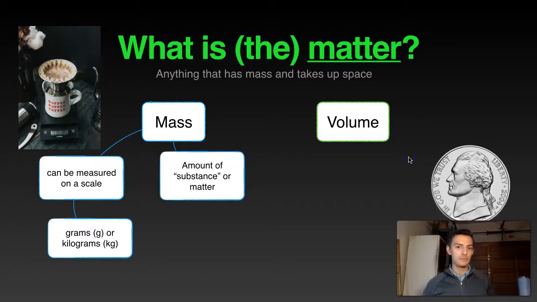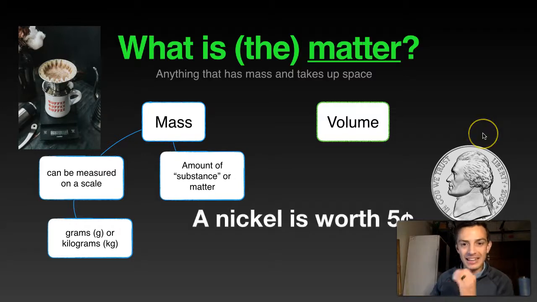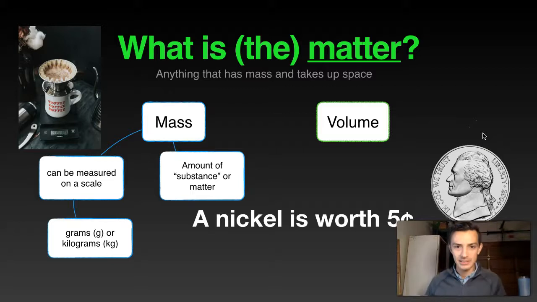So here's one little trick I'll give you. If you're trying to think of how much a gram weighs, go ahead and find a nickel. I'll give you some time. Okay. It's probably hard to find a nickel. There's even a coin shortage these days. So if you can find a nickel, I'd encourage you to have one by your desk, okay? A nickel is worth 5 cents. You probably knew that, but here's why I'm telling you that.